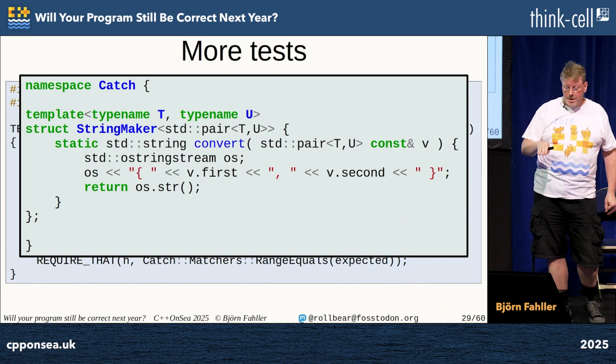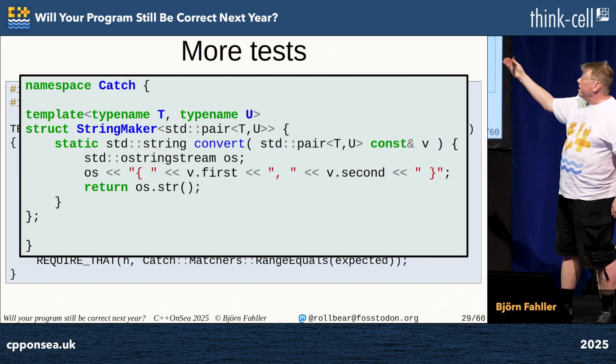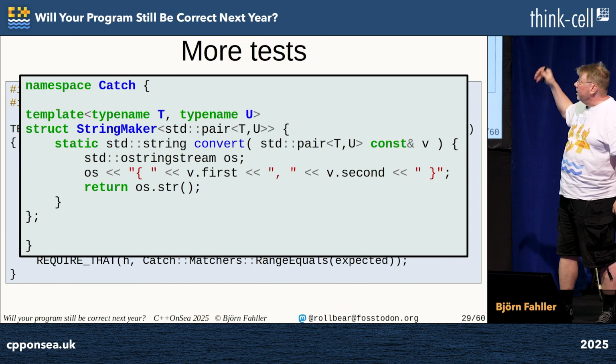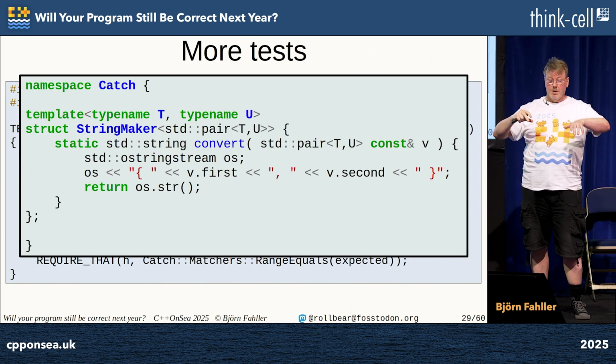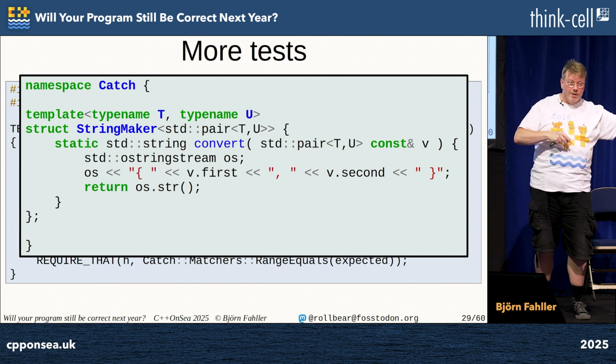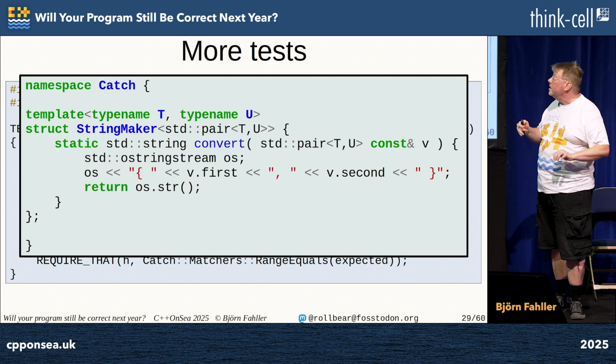So you make a partial specialization of Catch::StringMaker for pair of T and U, and I have chosen to print them as curly bracket, the first, comma, the second, and curly. That is how I want to represent pairs in tests.